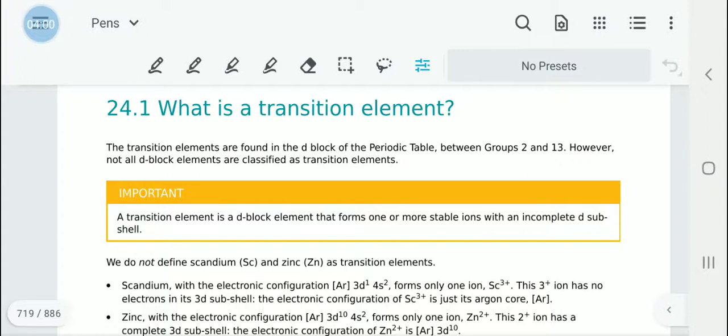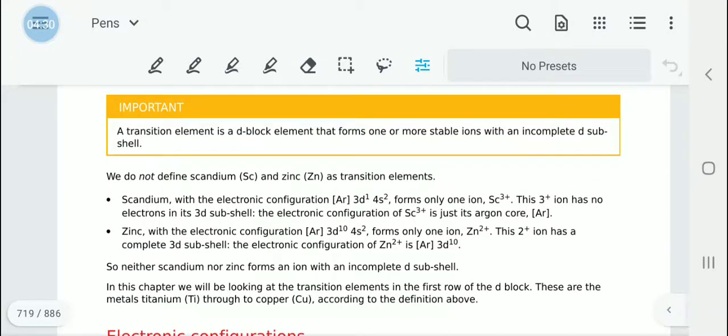Scandium and zinc are not transition elements because their ions, Sc3+ and Zn2+, have the argon configuration, that is 3d0 and 3d10 respectively.